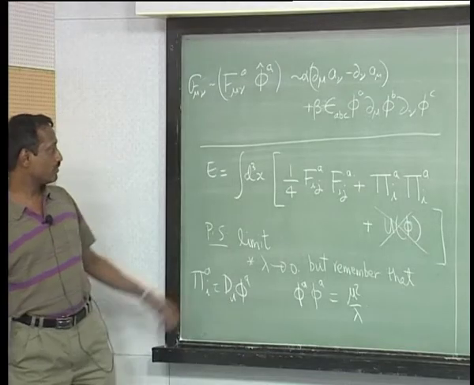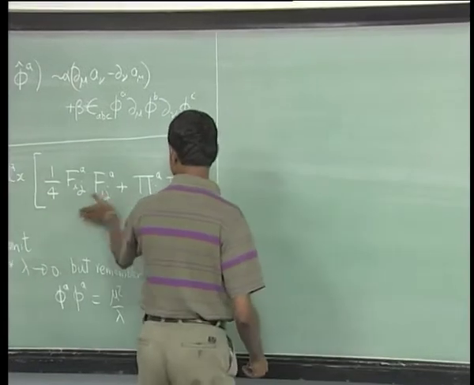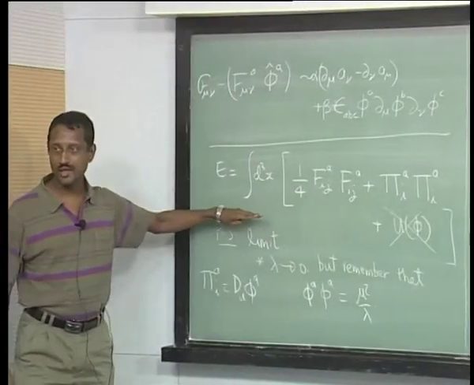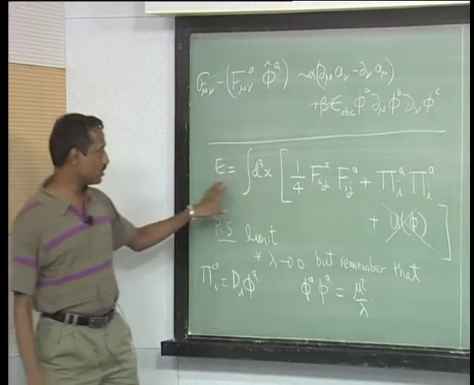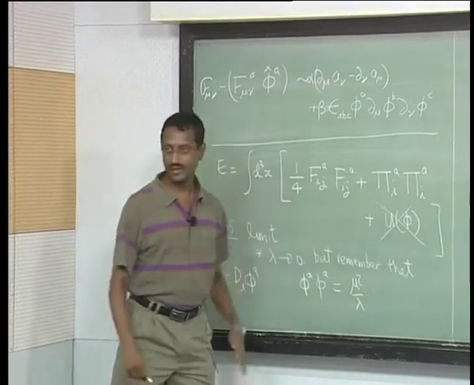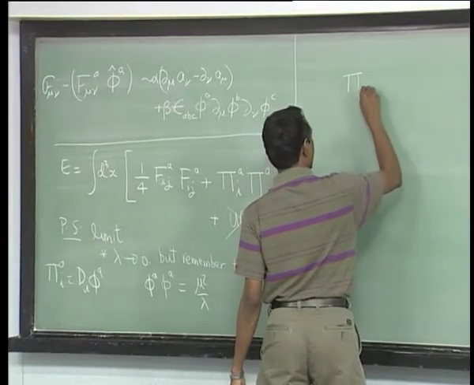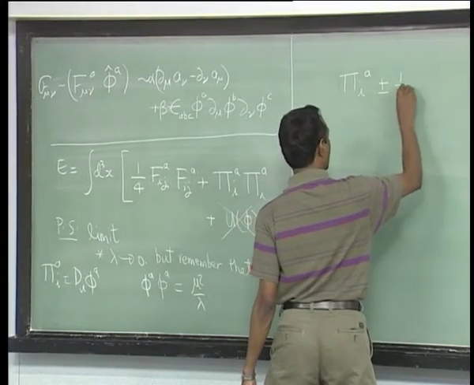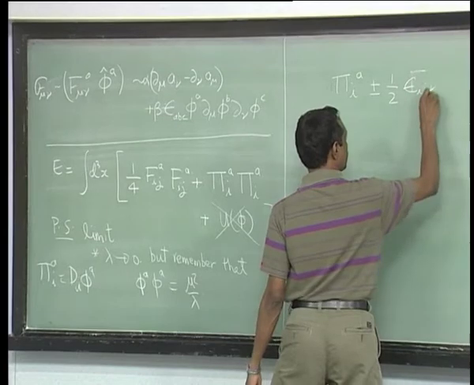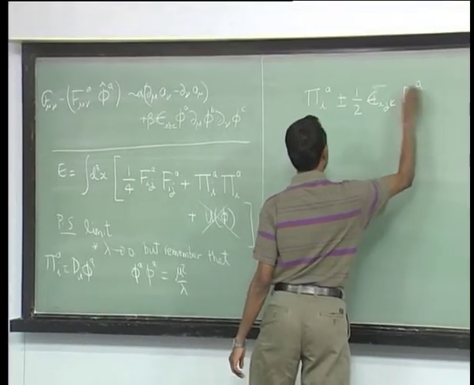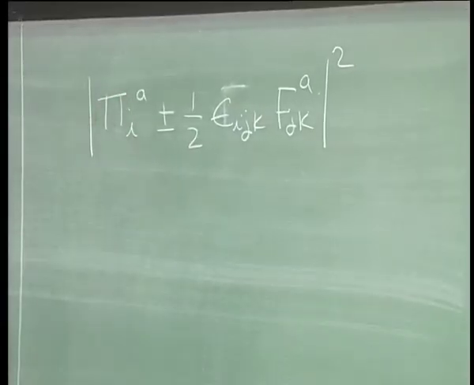Now let us look at something like this and try to understand. This is the energy density that we are looking at, and we will see why the name B goes with this. We are going to look at an energy density which does not have this term. To do that, I will consider the quantity |π_i^a ± (1/2) ε_ijk F_jk^a|², summing over all a and taking the square.